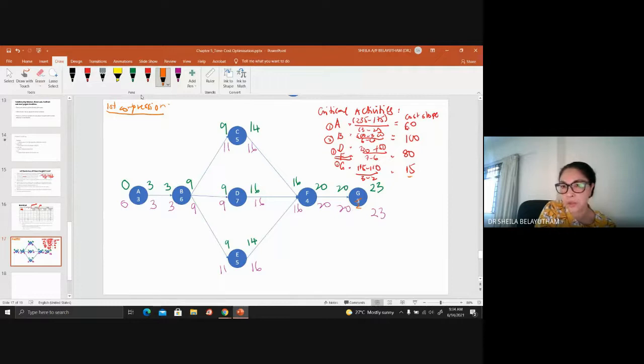So you can reduce the duration. That is our intention, to crash the duration. So I will choose this as the first compression. So your first compression will be activity G by 1 day, and it will incur an additional cost of 15.